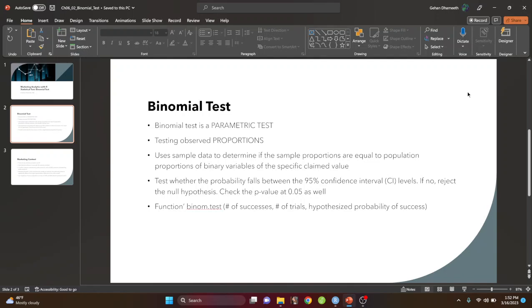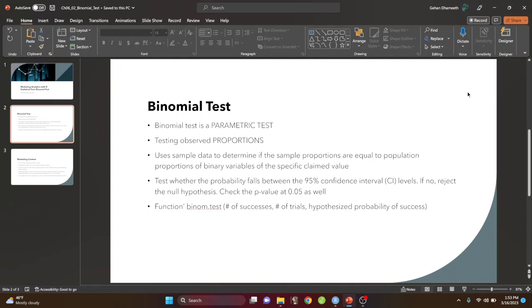This test uses sample data to determine if the sample proportions are equal to population proportions of binary variables of the specific claimed value that you set. So this test checks whether the probability falls within the 95% confidence interval.